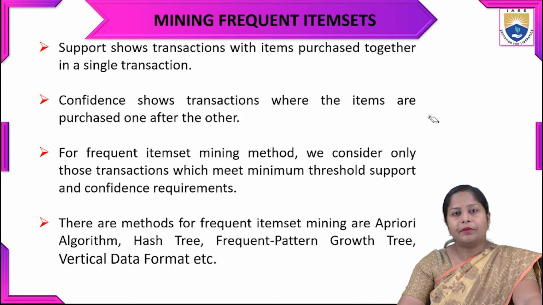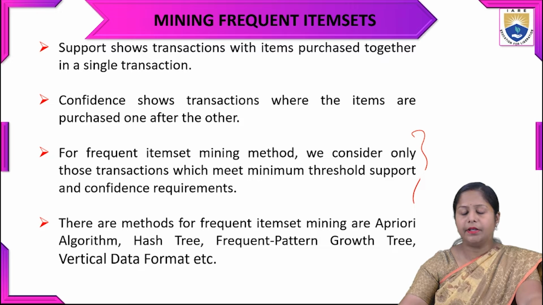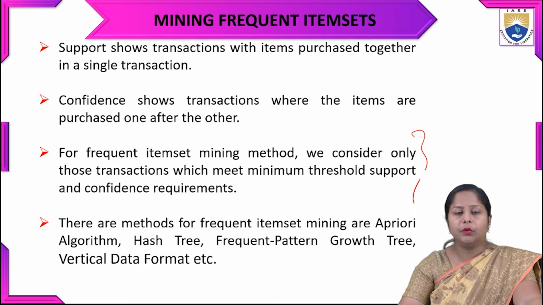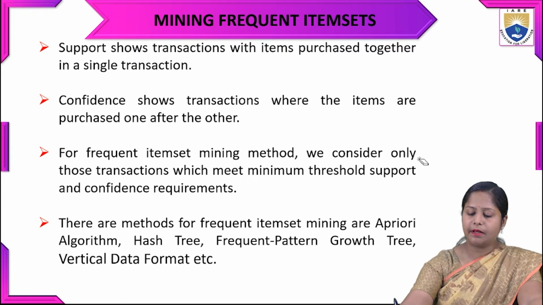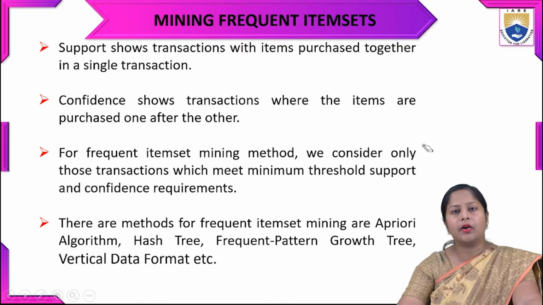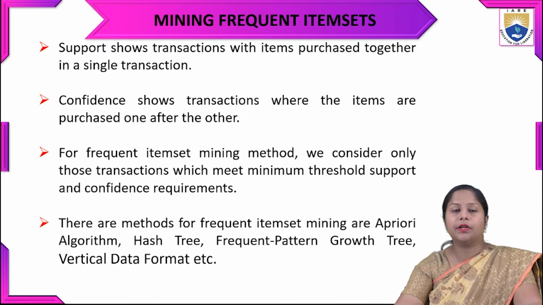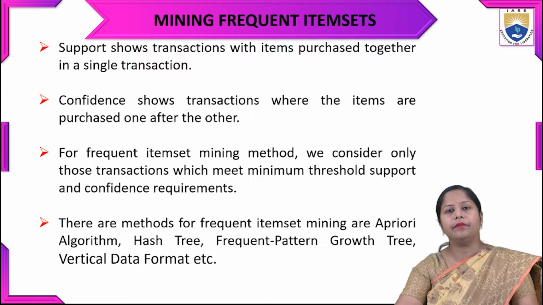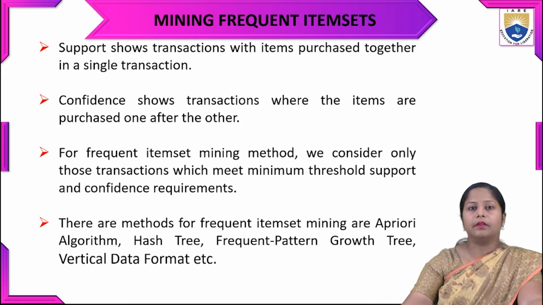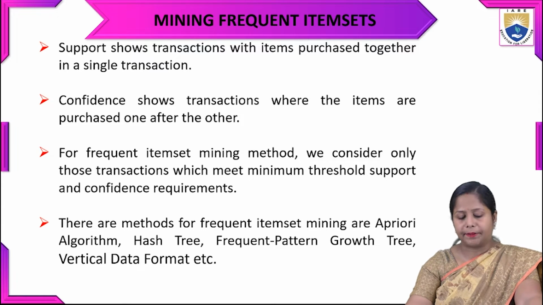Now, for the frequent item set mining method, we consider only those transactions which meet the minimum threshold of support as well as confidence. So these are the two requirements for when a frequent item set will occur when we are doing the mining.